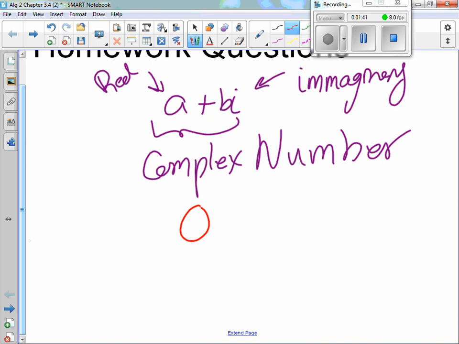We did this in pre-cal. It's very simple. For any real number, I can always add plus 0i, yes? Now it's a complex number because it came in the form of a plus bi. And we can do that with any number. So that's kind of a side note. We won't deal too much with that.